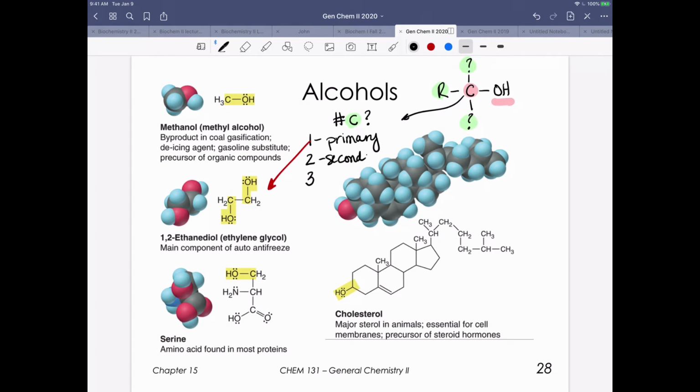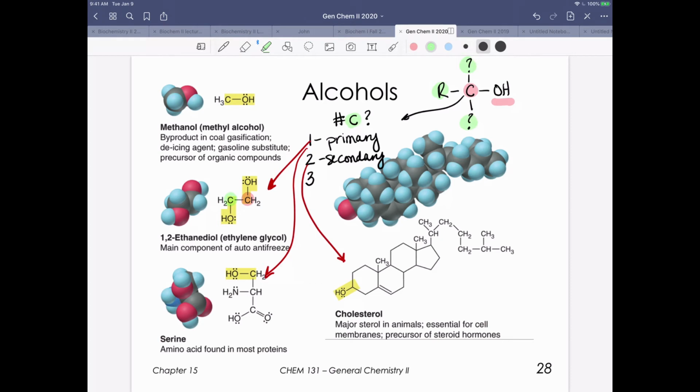Secondary alcohols are going to have a carbon atom that's bonded to our OH group that's bonded to two other carbon atoms. So we should point out that this one is also primary here, but this one is secondary. Let me go through and highlight with my same colors here. This is the carbon atom that's bonded directly to the OH group, and it's bonded to one other carbon atom.